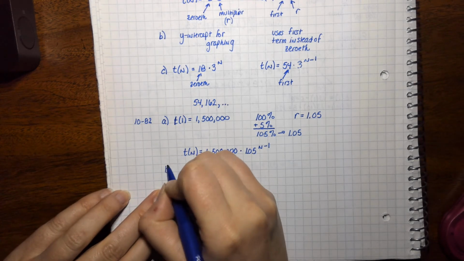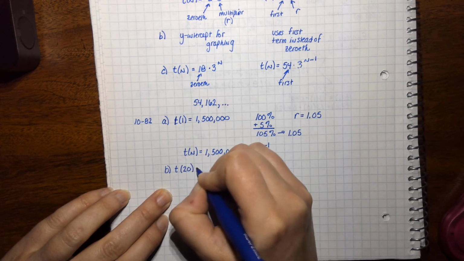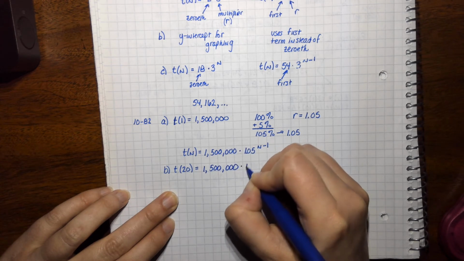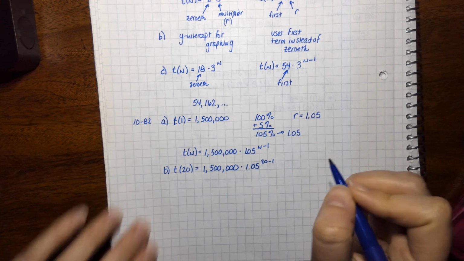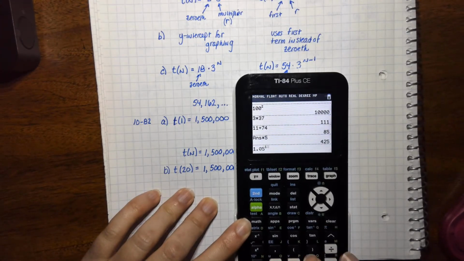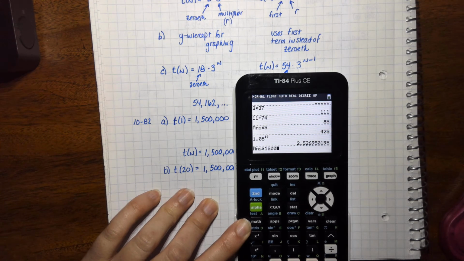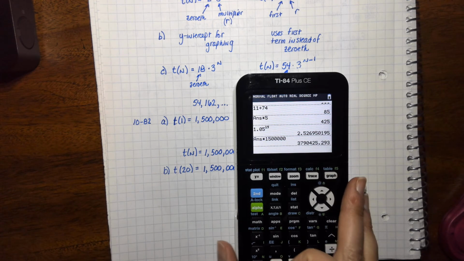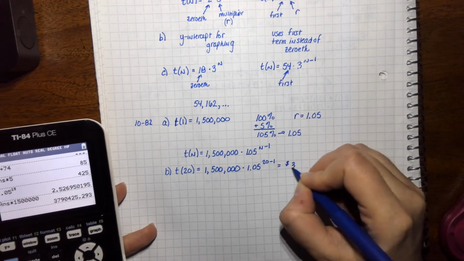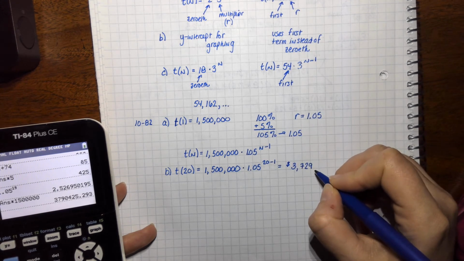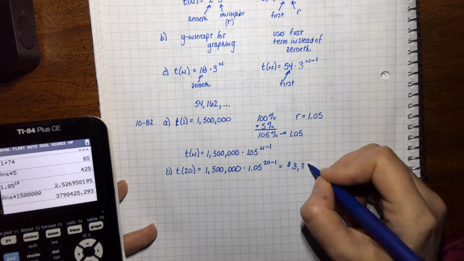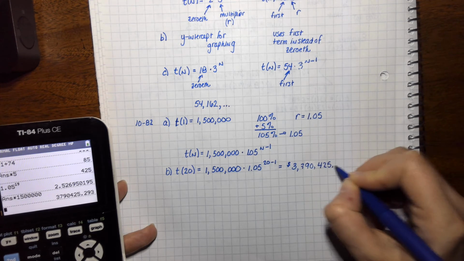Okay, so we're going to take 20 and plug it into our equation. 1,500,000 times 1.05 to the 20 minus 1, so 1.05 to the 19 times 1,500,000. He will get $3,790,425.29.